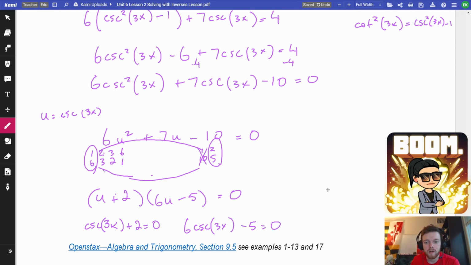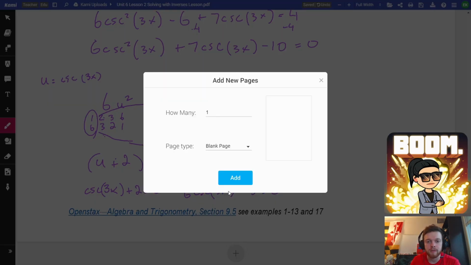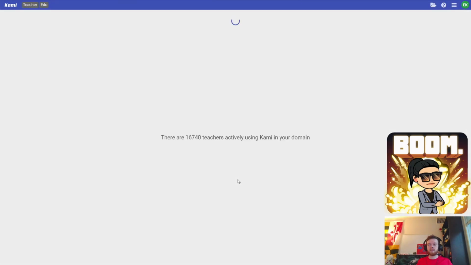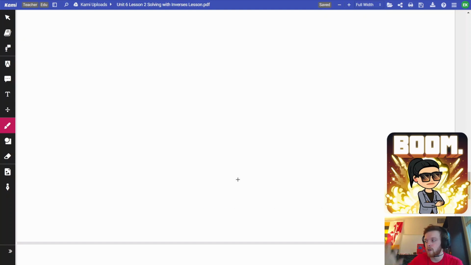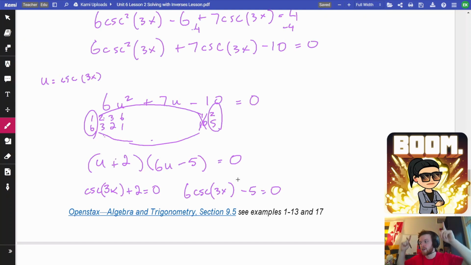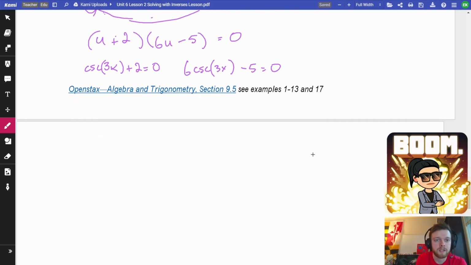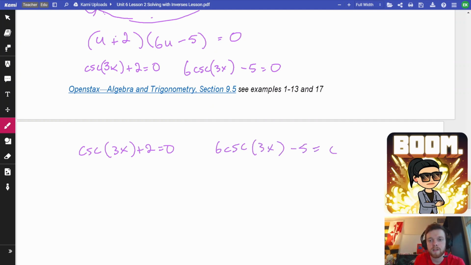All right, I am going to go ahead and add myself a page, because over here, where I am, and Mrs. Contreras, I can't really write on top of that. It'll disappear. All right. Cosecant 3x plus 2 is equal to 0. And 6 cosecant 3x minus 5 is equal to 0.